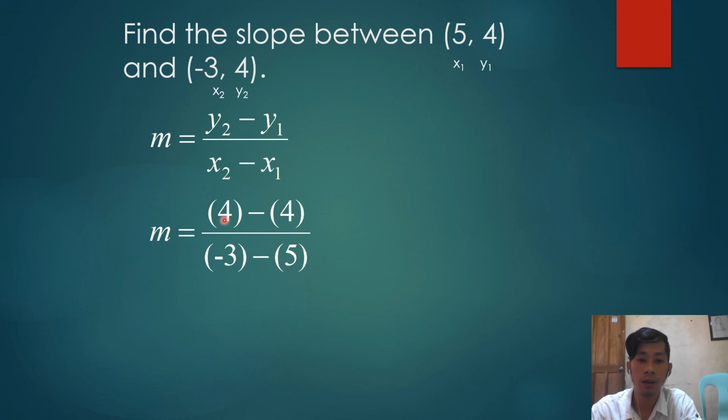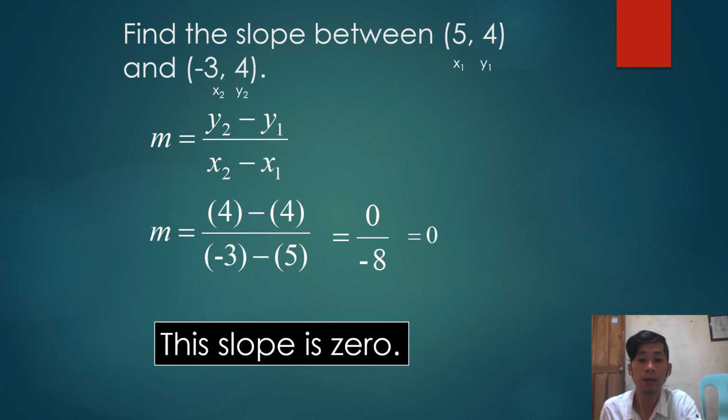Then, subtract 4 minus 4, that is 0. Negative 3 minus 5, that is negative 8. Again, always remember, if the numerator is 0, the slope is 0, or it is also equal to 0.